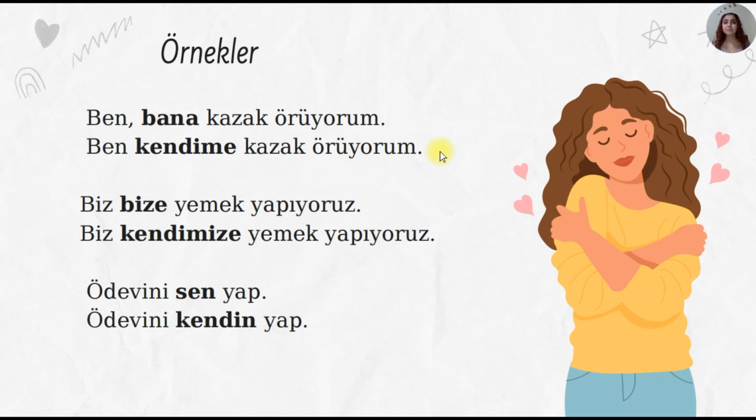In the first sentence, bana means for me, and I want to say to myself. And in the second sentence, you can see ben kendime kazak örüyorum. Kendim will be myself, and this e suffix is dative case suffix, which is to or for.